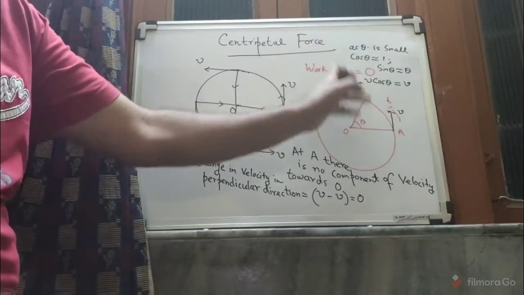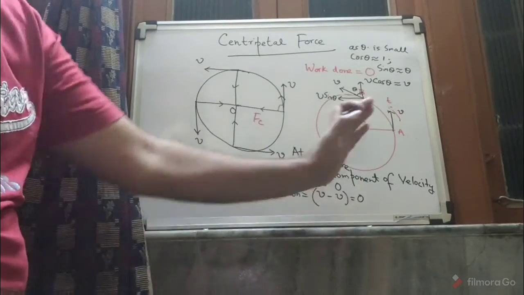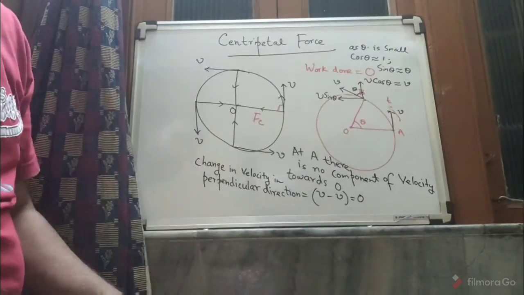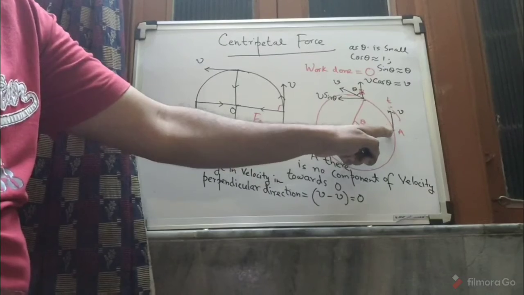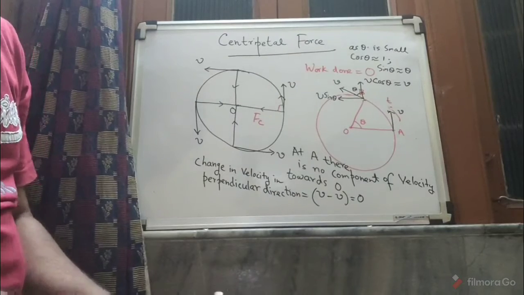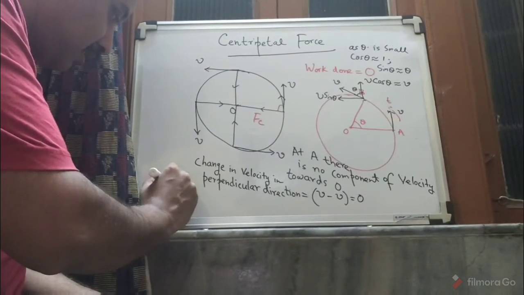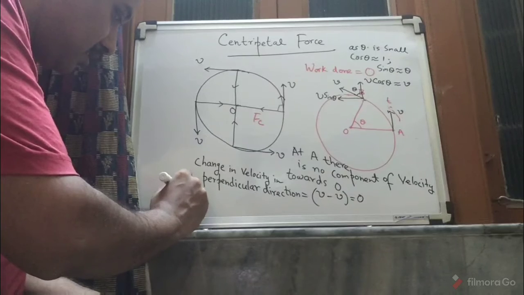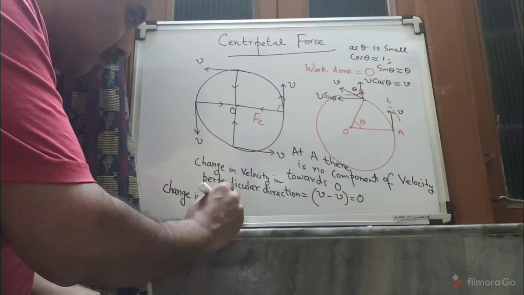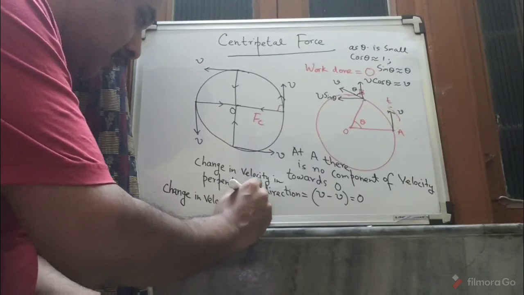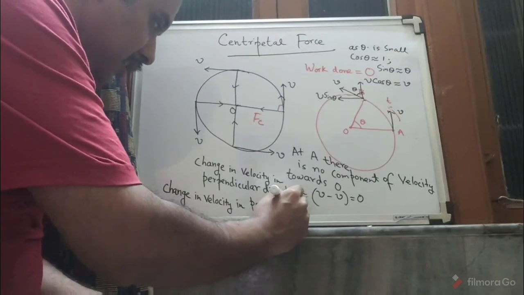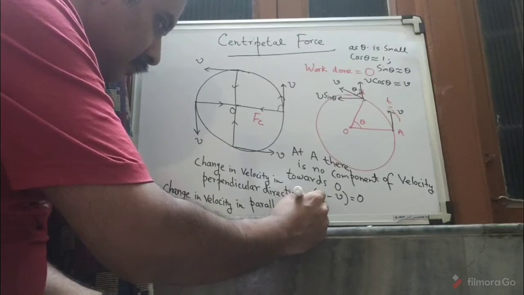So there is no change in velocity in this direction. But what about the other direction? The change in velocity from A to B parallel to the radius. So here, the change in velocity in the parallel direction is how much?